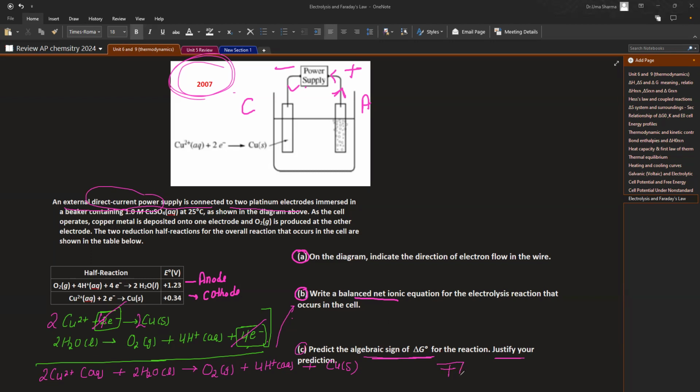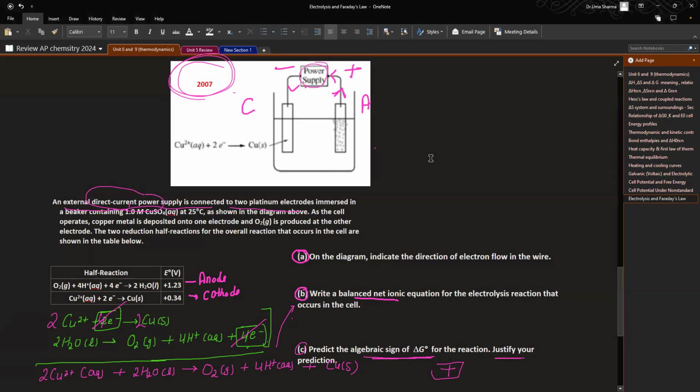Justify. It's an electrolytic cell, children. You are using an external battery. You're using a power supply. You're not getting electricity. Yes, Naisha. We are using electricity. It's a non-spontaneous reaction. Yes, Arnav. Good. Can you see questions like this? They are so simple.